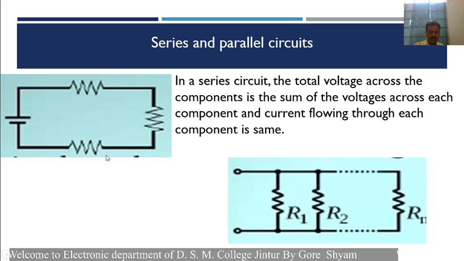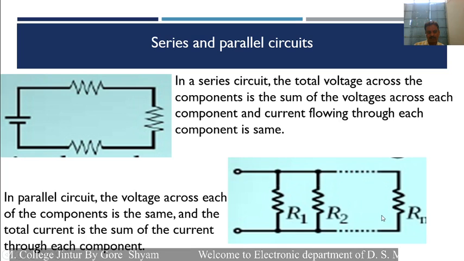Okay, and this is the parallel circuit. If you are looking at this circuit, the components are connected, one component in front of another, and such a circuit is known as the parallel circuit.